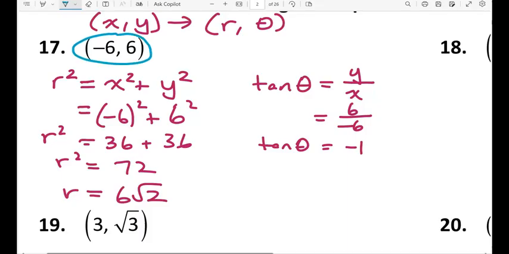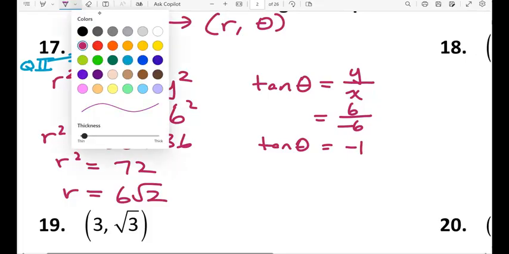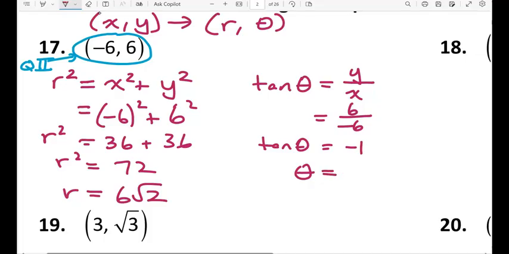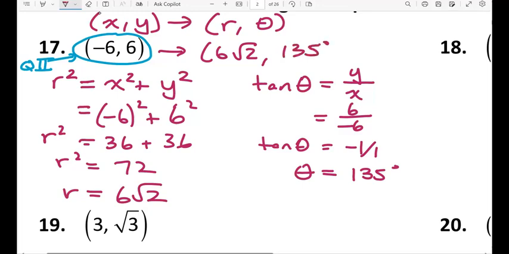When the x value is negative and the y value is positive, that's going to be a point in quadrant 2. So when we answer the question with the theta value that has a tangent of negative 1, we're going to find the theta value that's in quadrant 2. And when tangent is negative 1 or negative 1 over 1, that's a 45-degree reference angle, so that's 135 degrees. So our r comma theta is the point 6 times the square root of 2 comma 135 degrees.